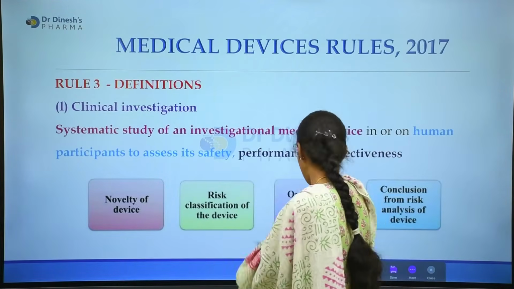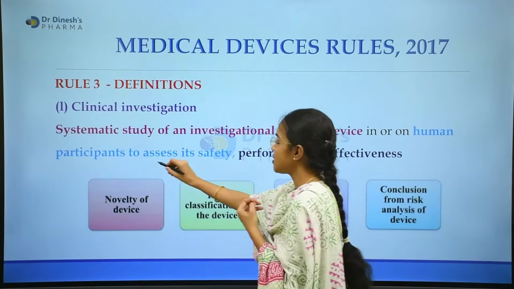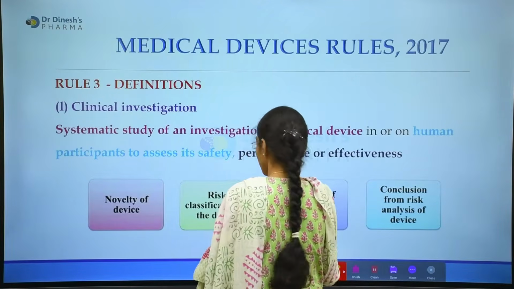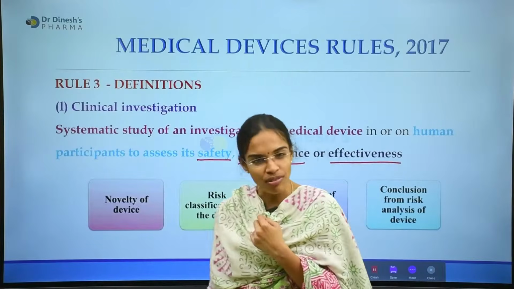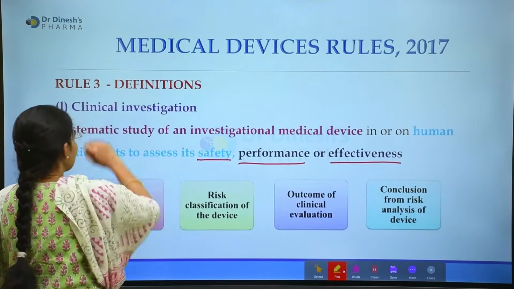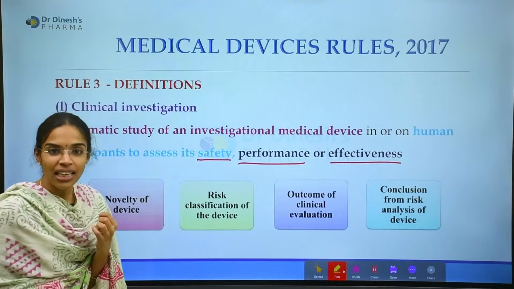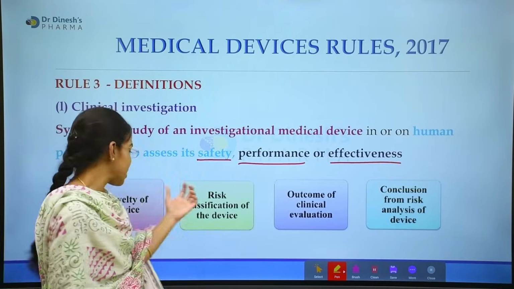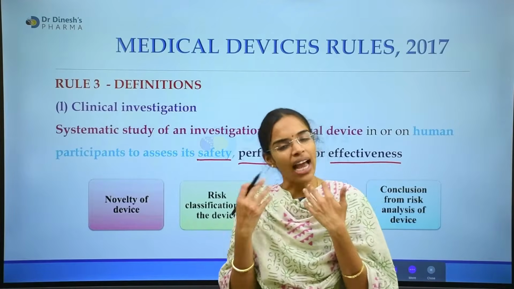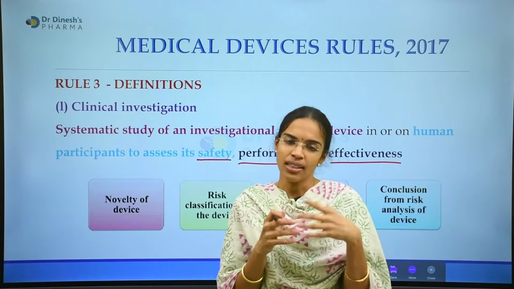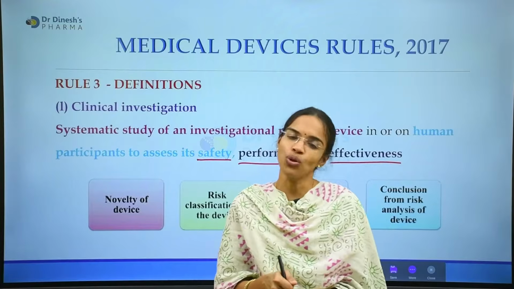What do we do? To assess its safety, performance and effectiveness of the device. So the clinical investigation exemplifies the novelty of the device. It is similar to the clinical investigation of any new drug molecule.